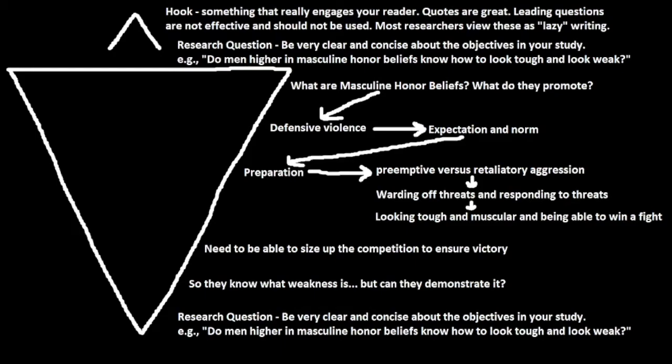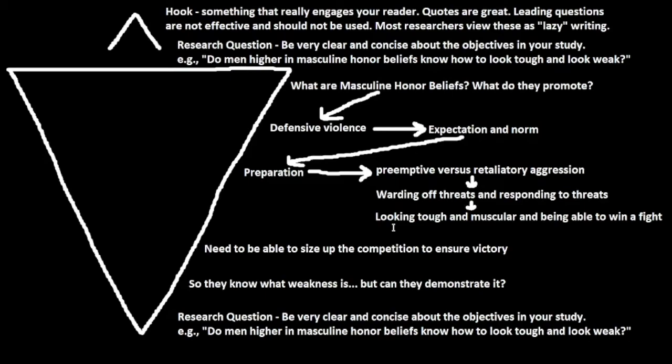And here's where we have some competing hypotheses. Based on all of this research that we discussed to this point, I am now ready to understand the nuances with this hypothesis. On one hand, men are expected to know what weakness is, therefore they might be more able to demonstrate it. On the other hand, due to this preparation that we just talked about, the muscularity, looking tough, being muscular, you can't just say, hey, muscles go away, I need to look weak here.